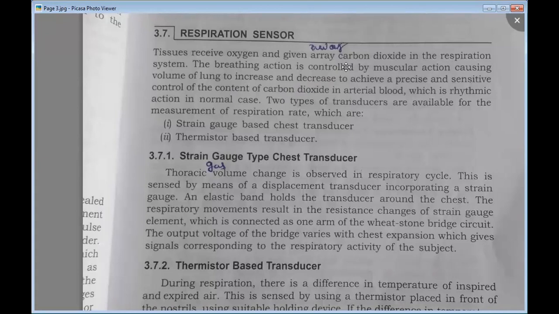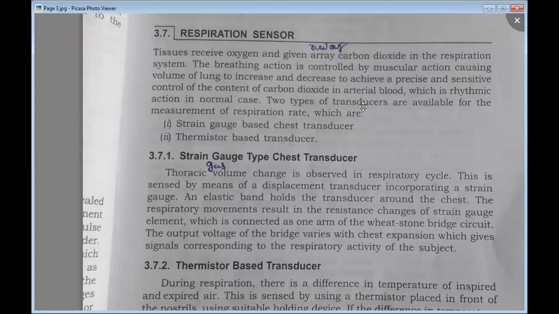When the oxygen is received, it is taken up by the tissues. The breathing action is controlled by muscular action, causing the volume of the lungs to increase and decrease. When we inhale, the volume of the lungs increases. When we exhale, the volume of the lungs decreases.